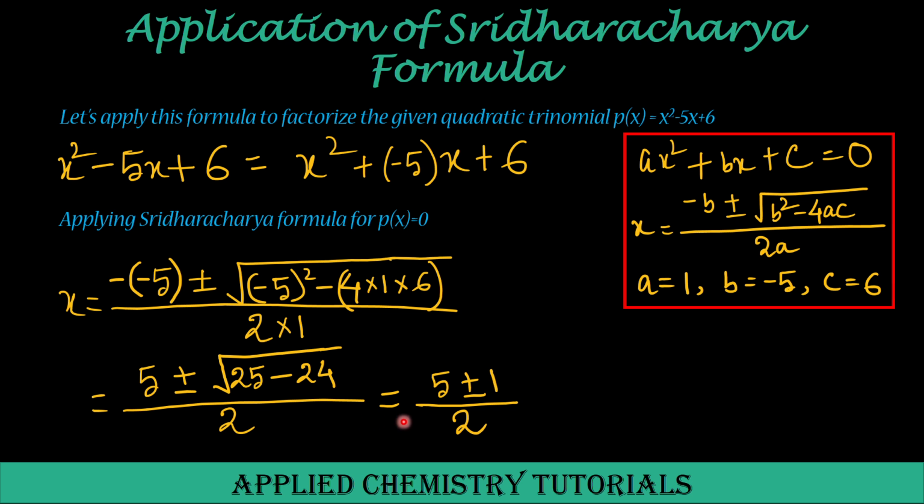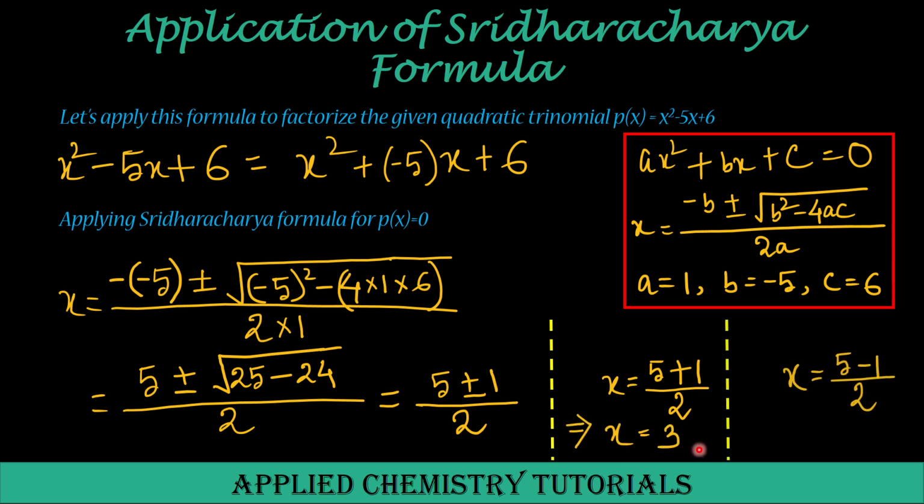Or for the simplification, we have 5 plus minus 1 divided by 2. Now clearly we can see there are two roots, 5 plus 1 by 2 and 5 minus 1 by 2. So let us solve for this. When x equals 5 plus 1 by 2, we have x equals 3, and when x equals 5 minus 1 by 2, we have x equals 2.